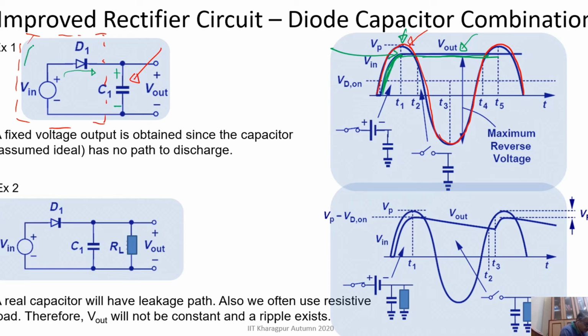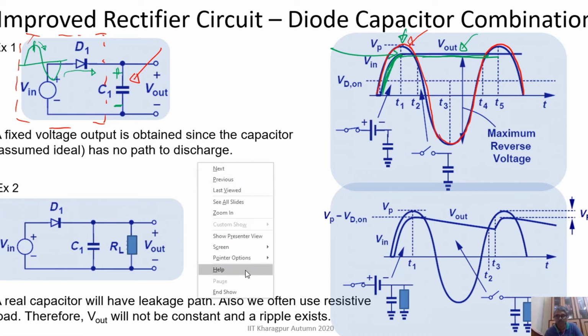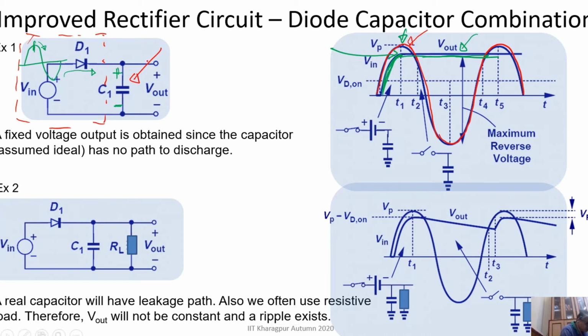Up to this point, it will charge the capacitor, and beyond that point, the capacitor voltage will make this diode reverse biased. The capacitor is charged through this diode to Vp minus Vd on, that is the peak voltage at which the capacitor will be charged.